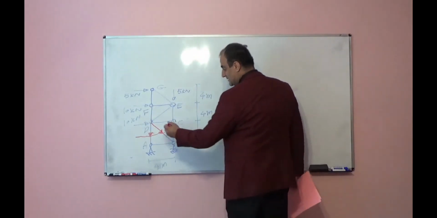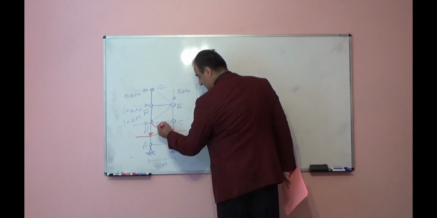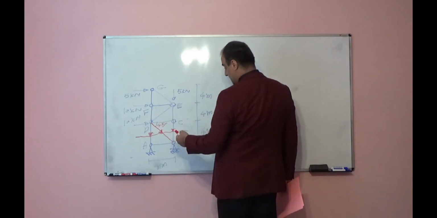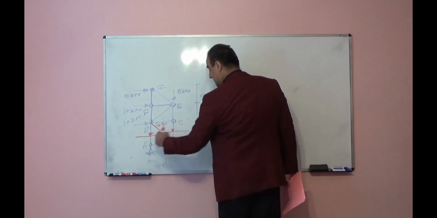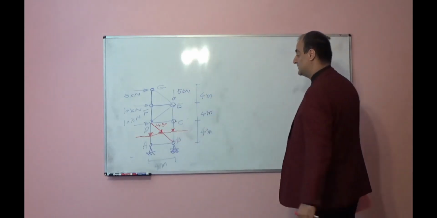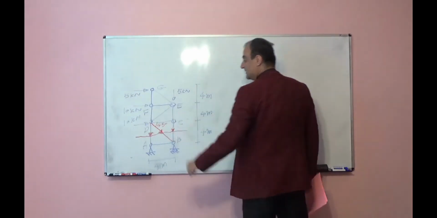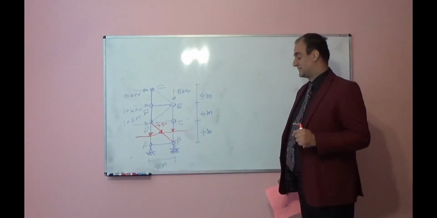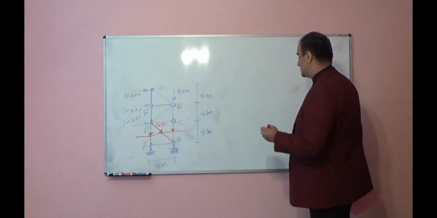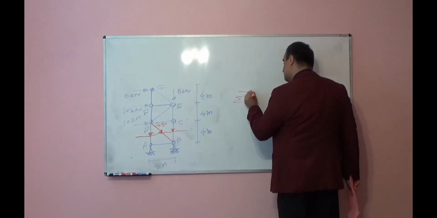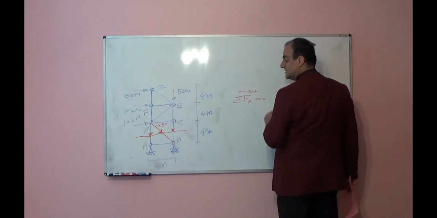Now this angle is 45 degrees, we know that, because for this triangle tangent alpha is equal to 4 divided by 4, so it is 45 degrees. For this top side, in order to satisfy the equilibrium equation, I can write summation of forces in horizontal direction equal to 0.